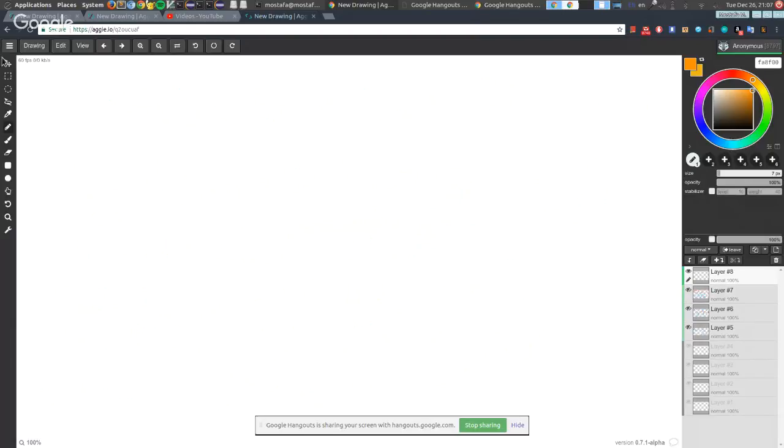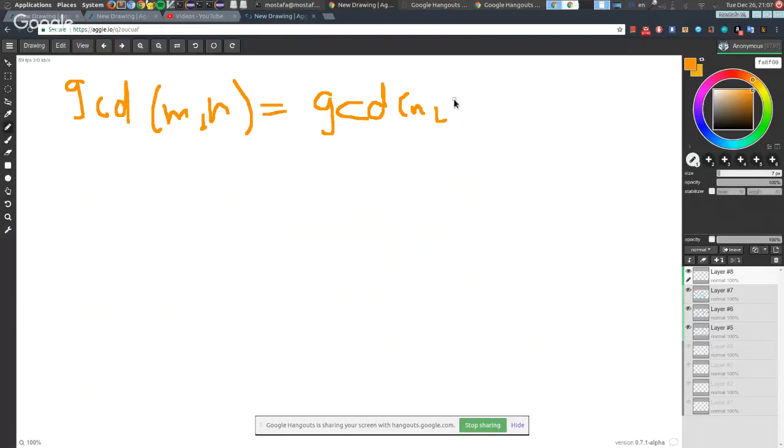So the GCD has some properties. First, it's symmetric. It doesn't matter the order of the numbers we plug in.